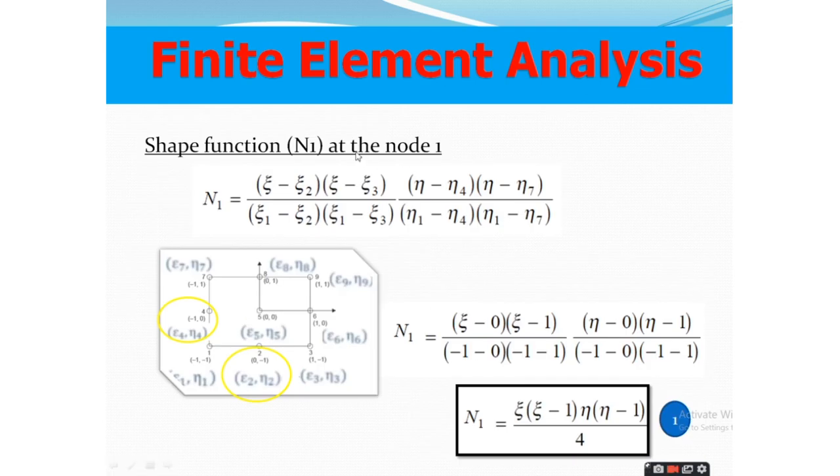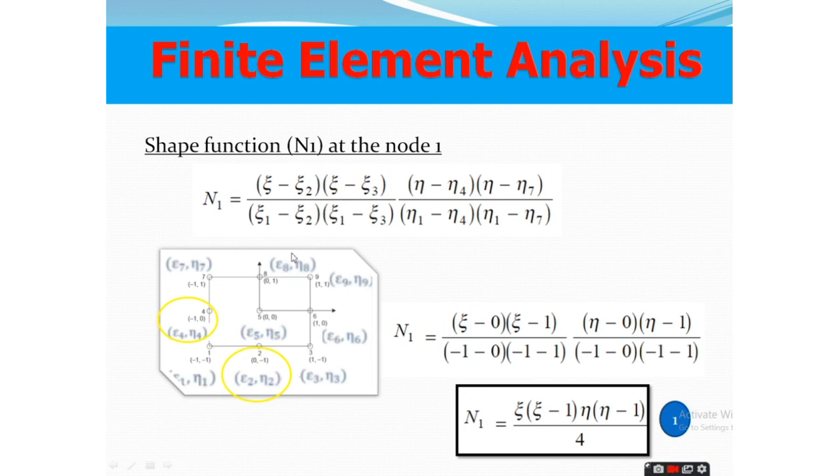So let's start with the shape function at node number 1. For node number 1, the influential nodes are 2 and 3 in the eta direction, and 4 and 7 in the psi direction. So the equation will start by writing eta minus eta2 and eta minus eta3.